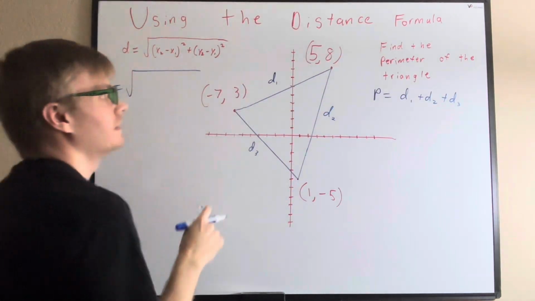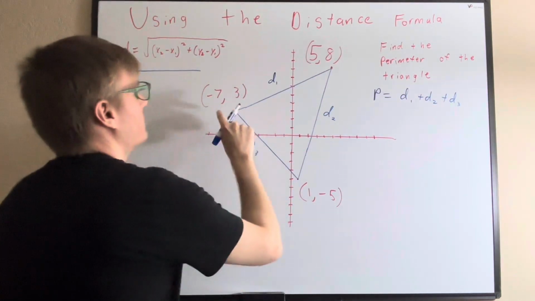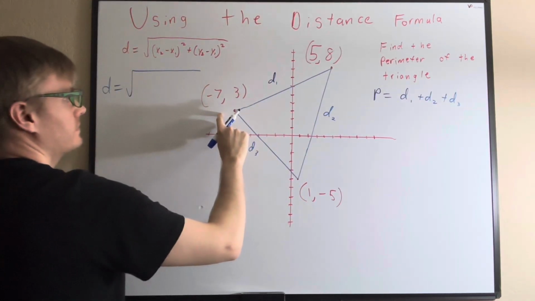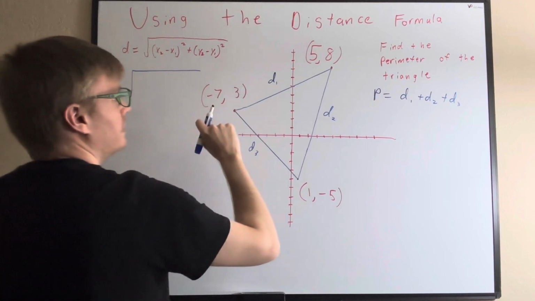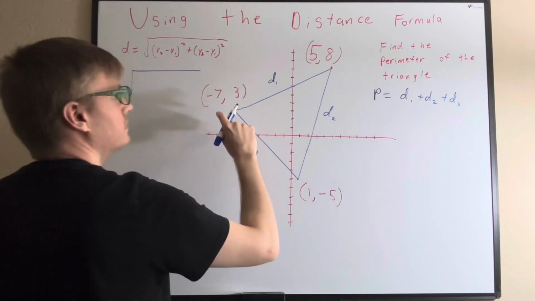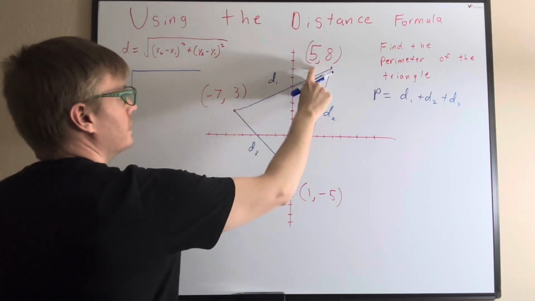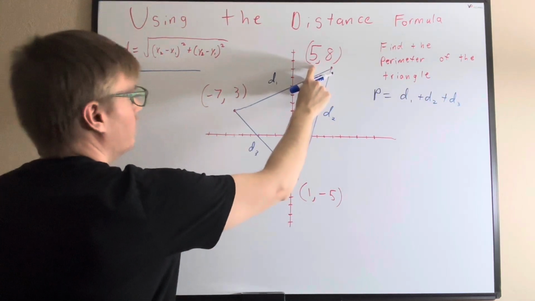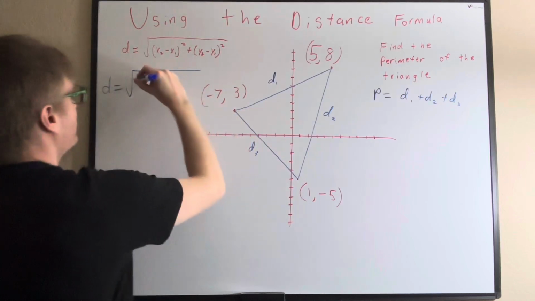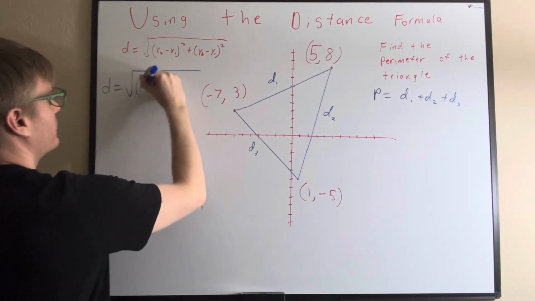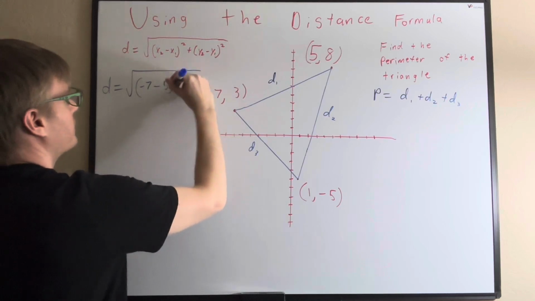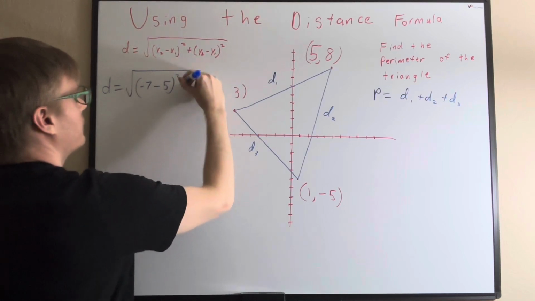Well, it does later on, but right now it doesn't matter which one you choose. Let's just choose this one as x1. So this would be x2. So x2 goes first. -7 minus 5, quantity squared.